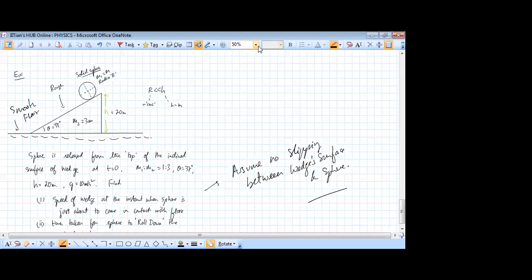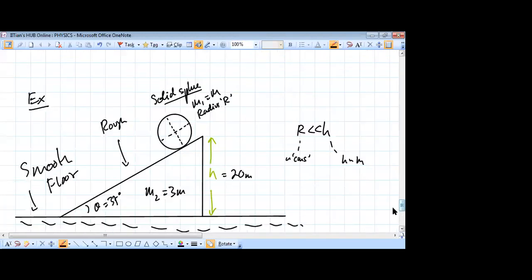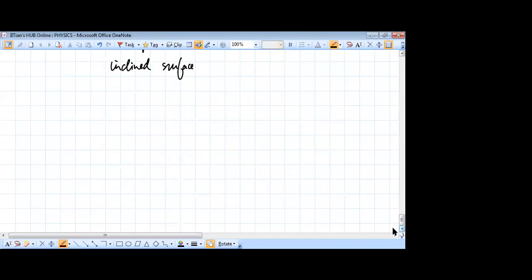Okay, so we can continue working on the problem. I will just start with the free body diagram and all this. So the thing is that since the question is already asking for time, I will take the acceleration approach.